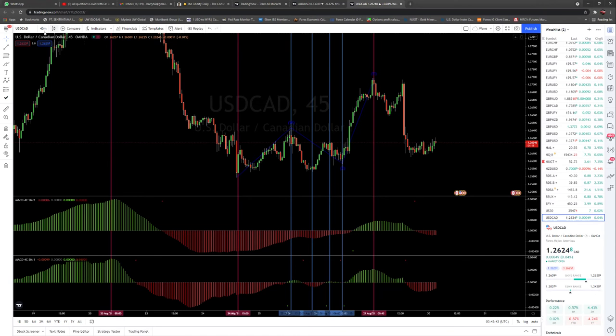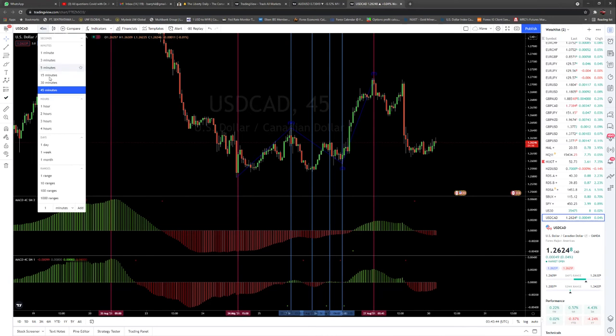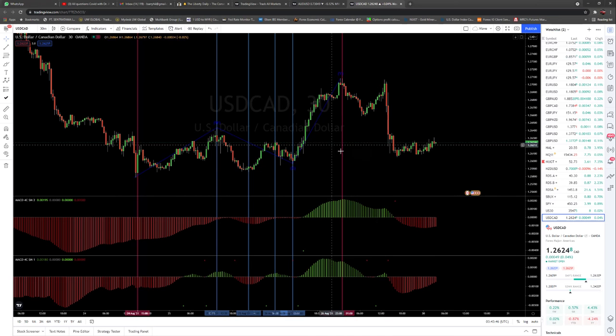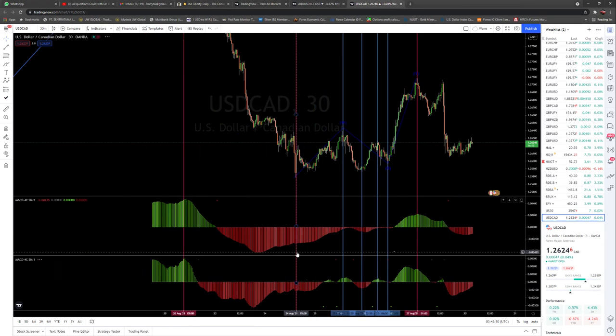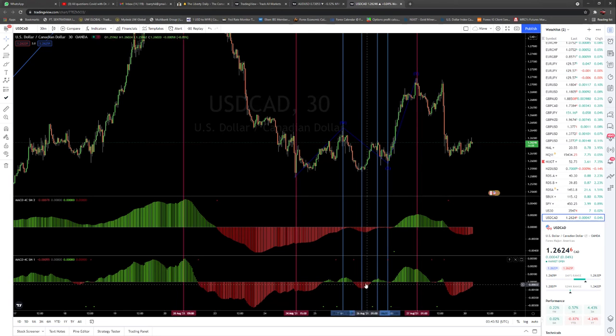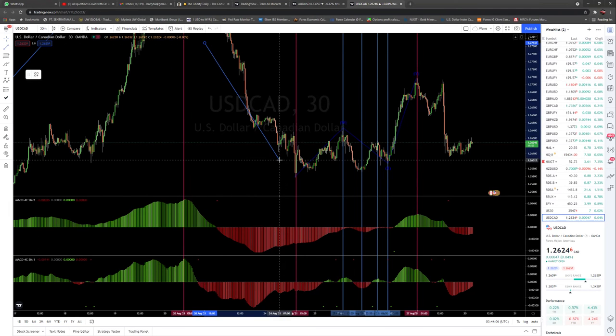So if this is, let's say, 30 minutes, this is how it looks on 30 minutes, and then 1 hour is only like 1 piece, 2 piece, 3 piece. So 1 hour is from this red to that red is 1 piece, all the way down here is 1 piece.